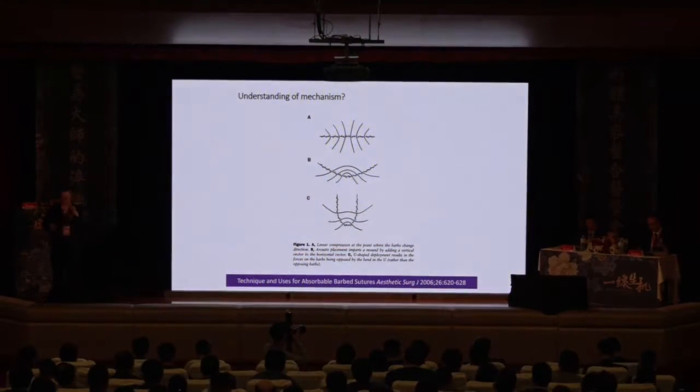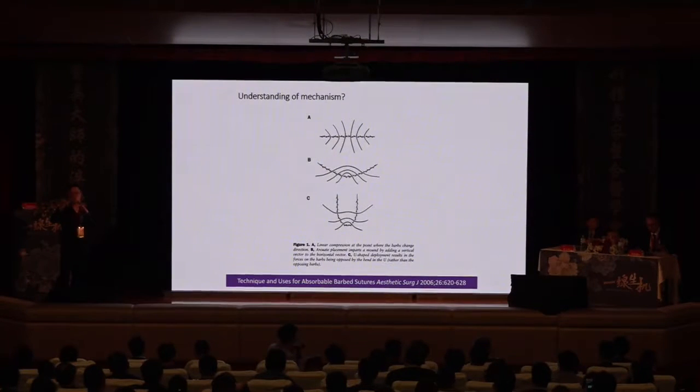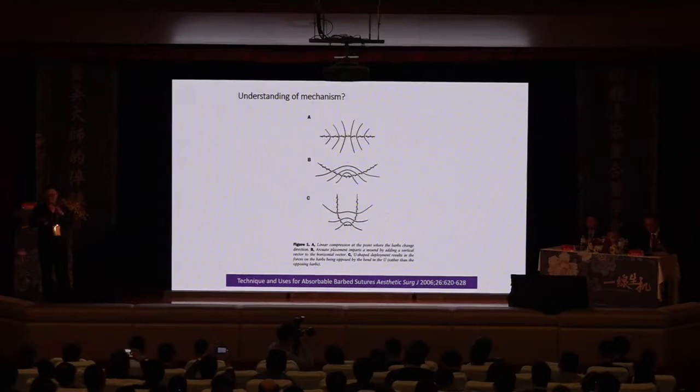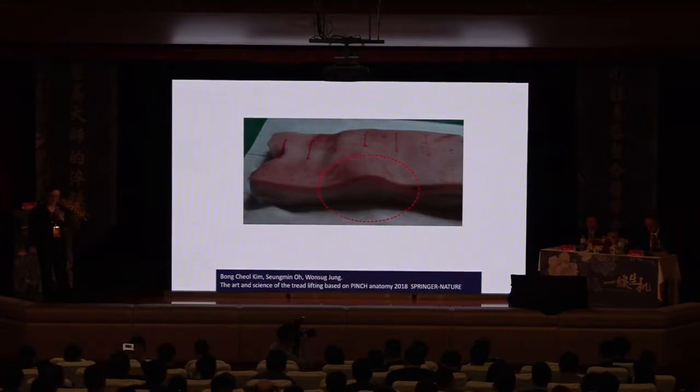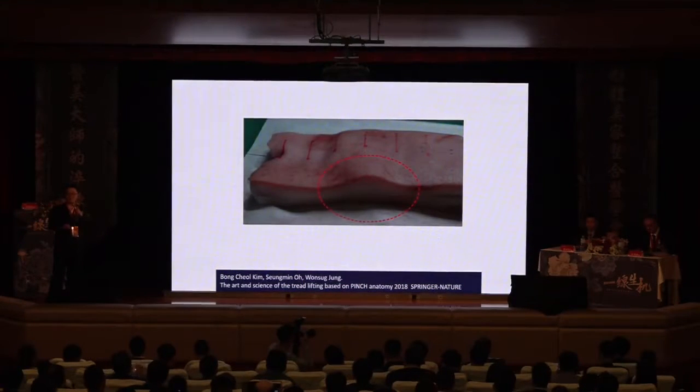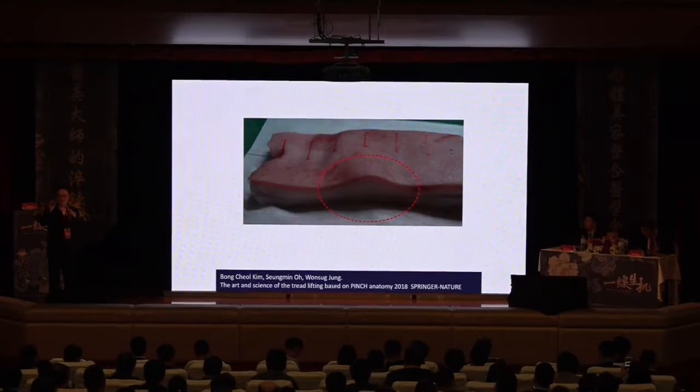This is something some famous Western doctor made. The mechanism is like this: collection of the tissue using bidirectional cog or angulation or fascia techniques. We did the experiment using the bidirectional cog. When we use the bidirectional cog, the midpoint of the cog tissue is elevated, protruded.